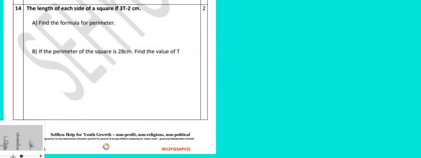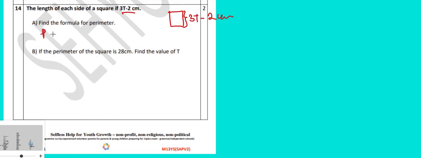Looking at our next sum, that is sum number 14. The length of each side of a square is 3t minus 2 centimeters. Find the formula of the perimeter. If we have a square, each side, this is one side right here, is 3t minus 2 centimeters.